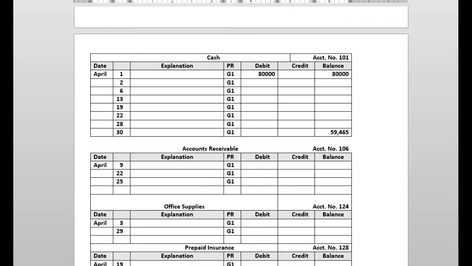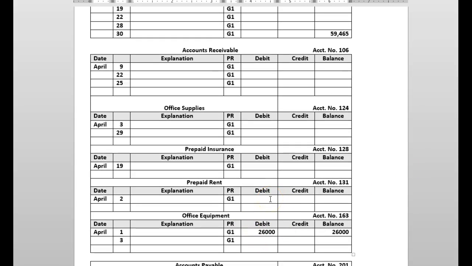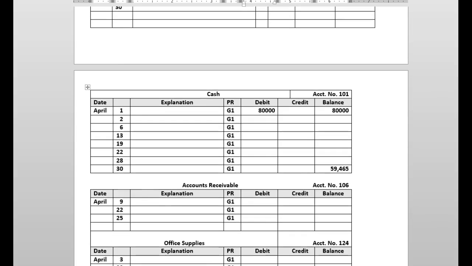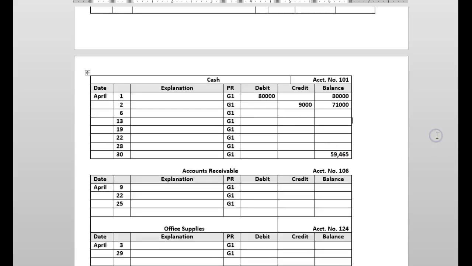So you would find prepaid rent, and it's right here, and we debited it for $9,000. And we credited cash for $9,000. So now I'm down here on line 2, and I'm doing a credit. So that means I have $71,000 left, because a credit subtracts from a debit balance.